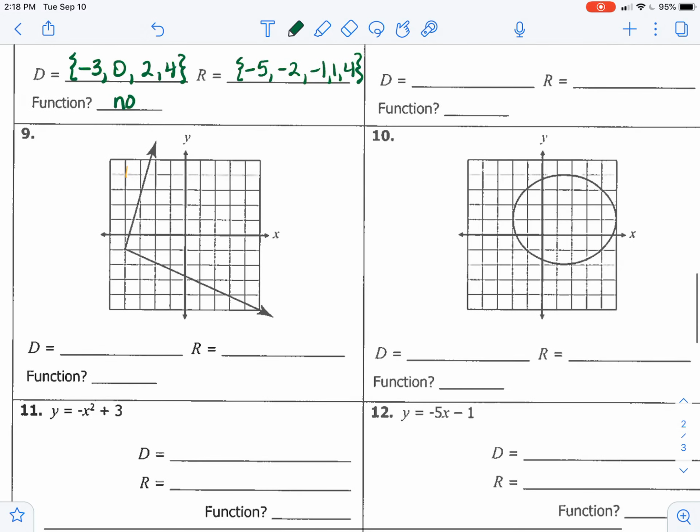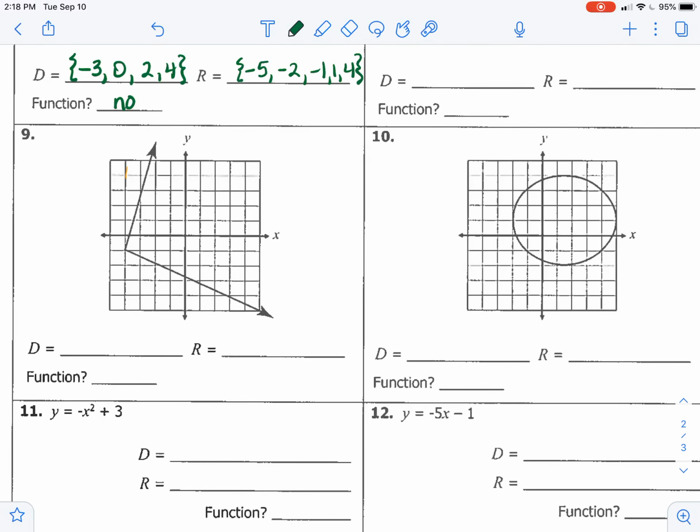So number 9, when you see the graph, in terms of my x's, I see that it starts here, and really it's going this direction. That's where I see my graph. So when I go to do my domain, this is going to be your interval notation, a little different than what I was telling you about number 8.